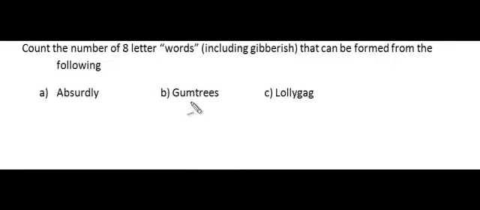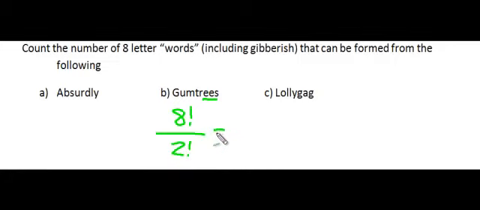For the word gum trees, it also has 8 letters, but we have a duplication. Simple permutations of the letter E would not give us a new word. So we can start out by taking the 8 factorial, and then we have to correct for the overcount by dividing it by 2 factorial.